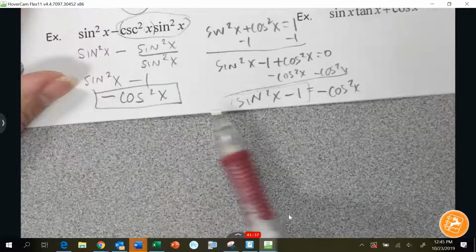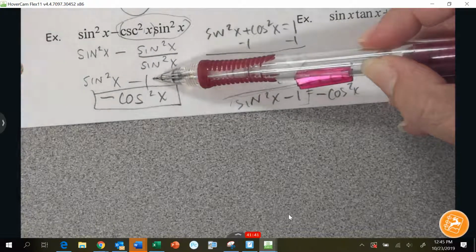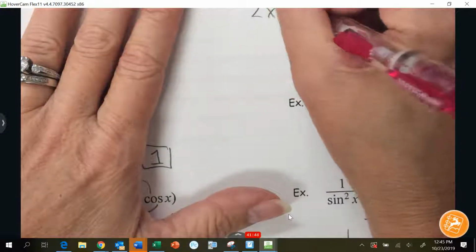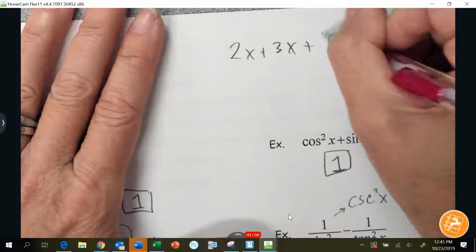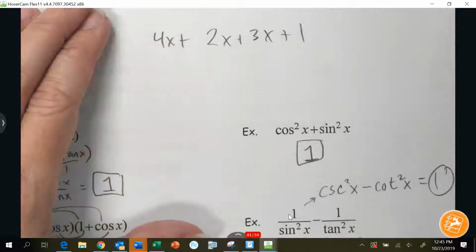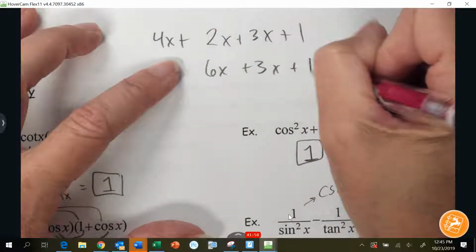So would it be wrong if you left it here? Yes, because I could still simplify something. That's just like if I tell you to simplify this, and you say, oh, well, that's 6x plus 3x plus 1. Would that be wrong?